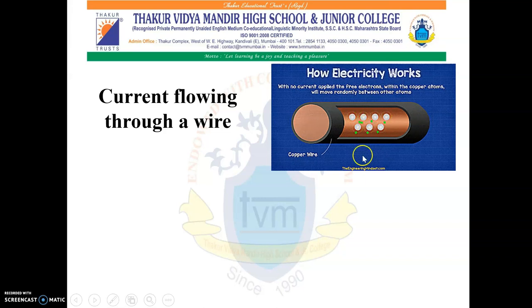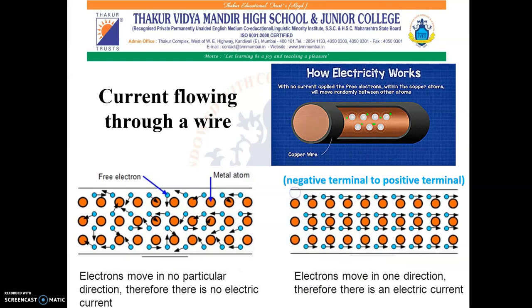Now let us see what will happen if we connect the two ends of the wire to the two terminals of the cell. Here in this picture, the first part shows the electrons are not moving in any particular direction. That means they are randomly moving. So in that case, there is no electric current.